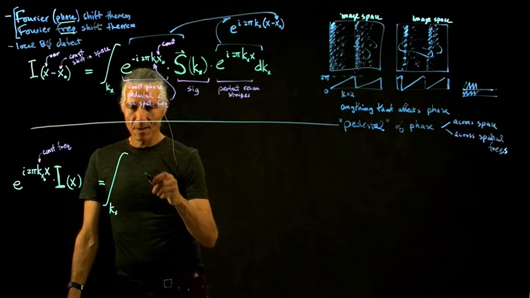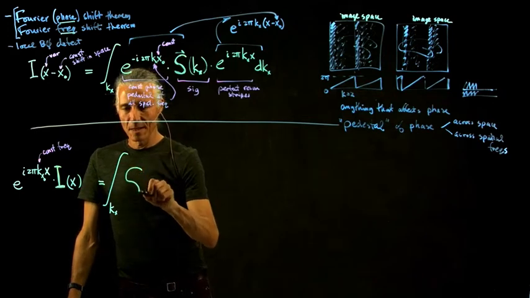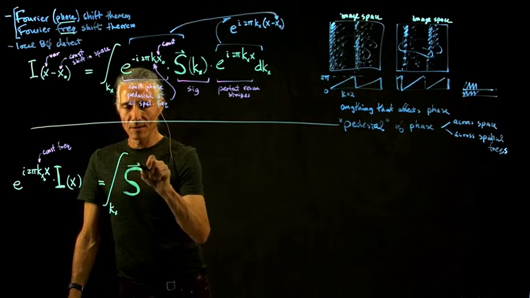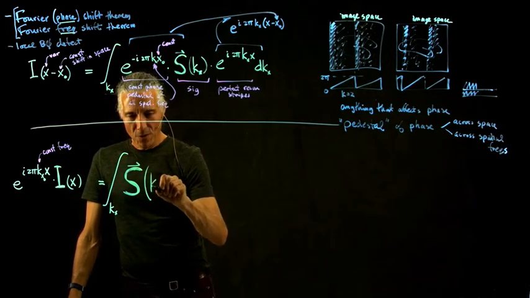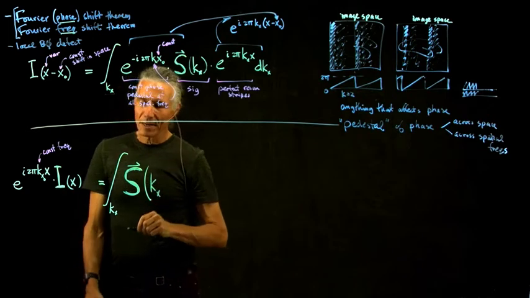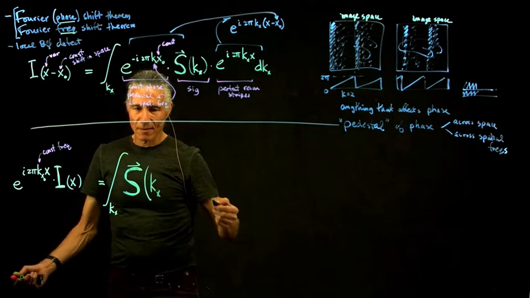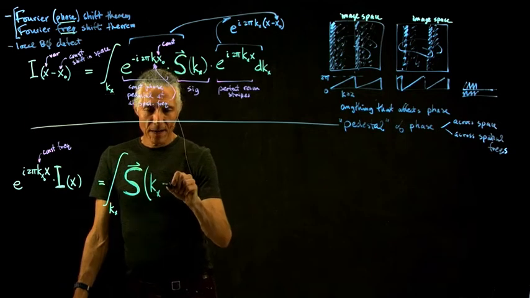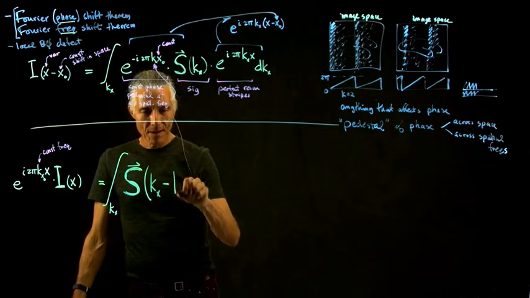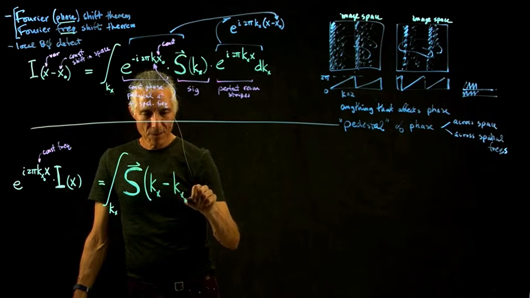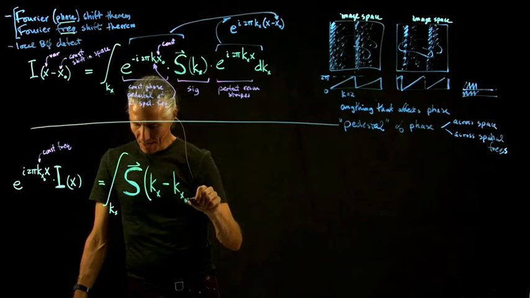And so what does it look like over here on the right side where the error is occurring? So the error is occurring because we thought we were getting spatial frequency 4, but in fact, what we thought was spatial frequency 4 is spatial frequency 3. Say it's off by 1.